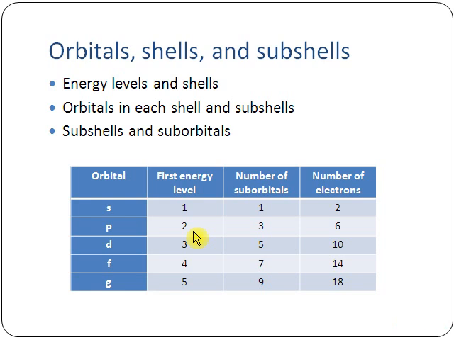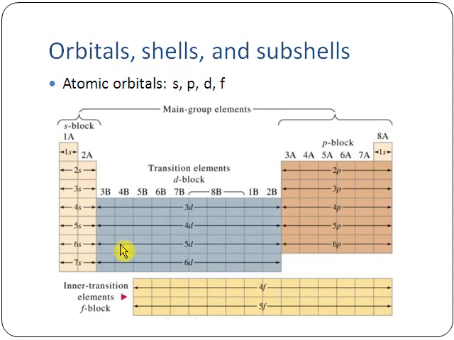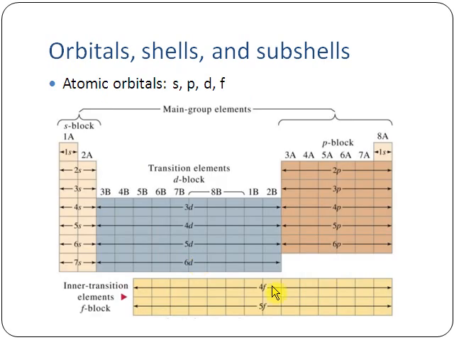So if the first orbital, s, is in the first energy level, the second orbital, p, is the one in the second energy level, and the first d, which is the third orbital, would be in the third energy level. And so it's 3d. Based on that, the first f is going to be in the fourth energy level, and sure enough, if you look at the first f, it's 4f.